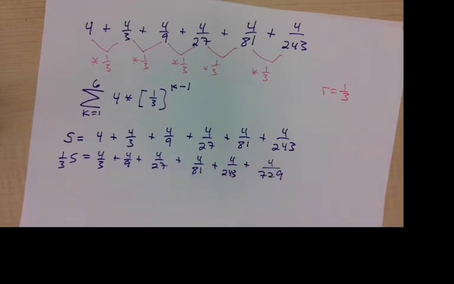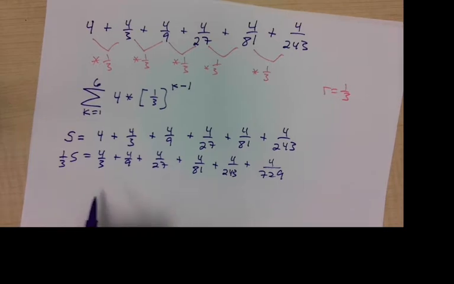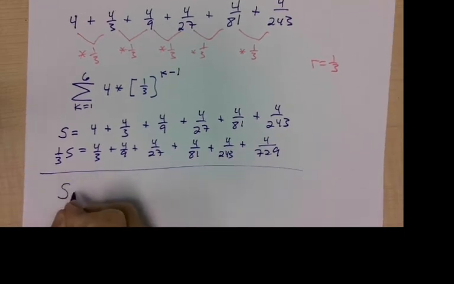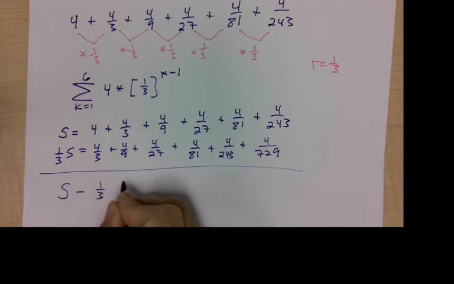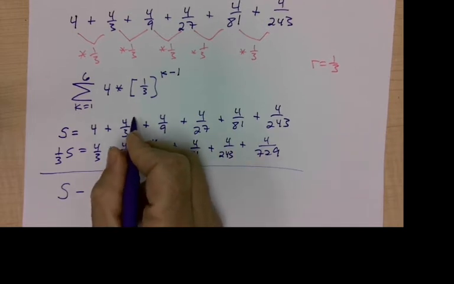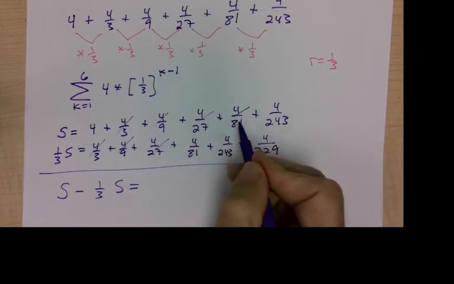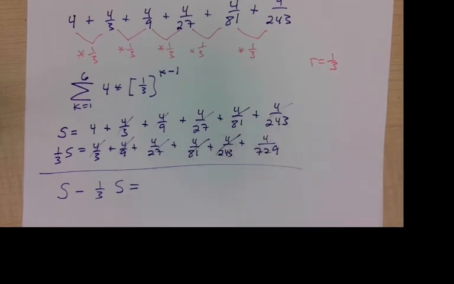So we see our process. Can we subtract these one direction or the other to see which way it's going to go? I could take S minus 1/3 S, or I could take 1/3 S minus S. I think I'll stick with S minus a third S here just to show how this process is going to work. What is S minus 1/3 of S? So this minus this would go away, this would go away, this would go away, this would go away, this would go away.